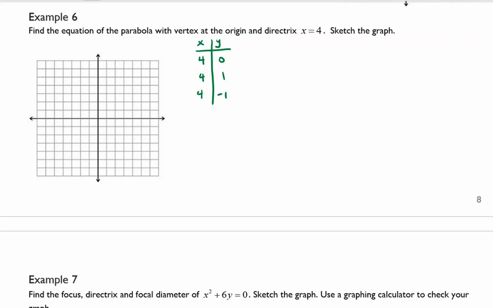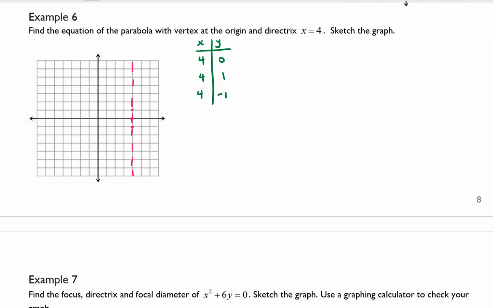And then I tell students to plot those points. So here's (4, 0), here's (4, 1), and here's (4, negative 1). And if we connected those points, it would form a vertical line. So that's how I tell the difference. And if you were graphing y equals 4, that would be a horizontal line. So that's just a trick that I like to use.